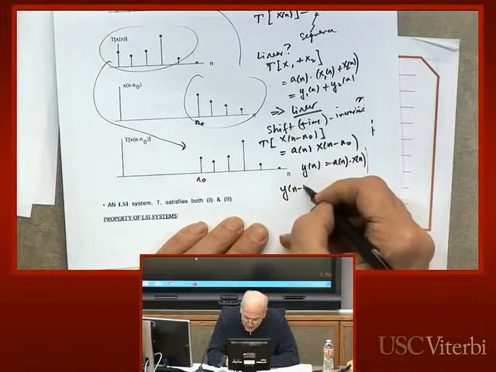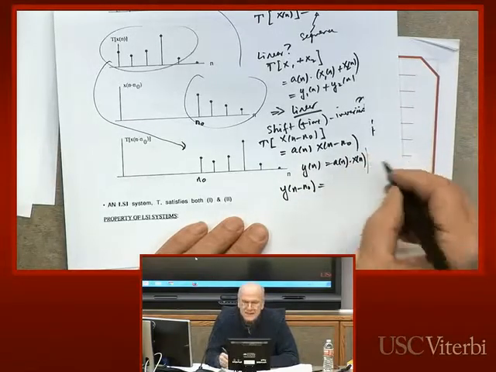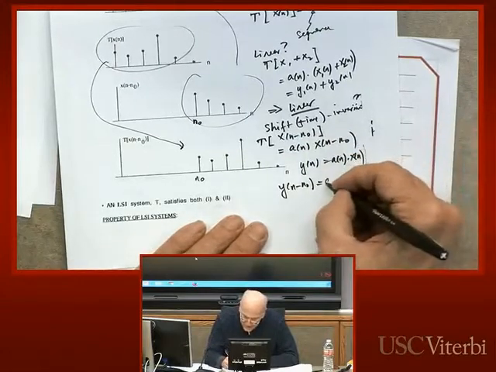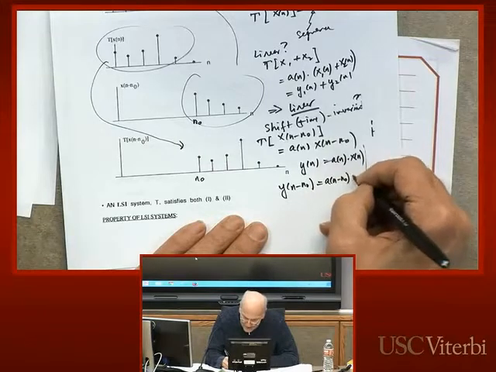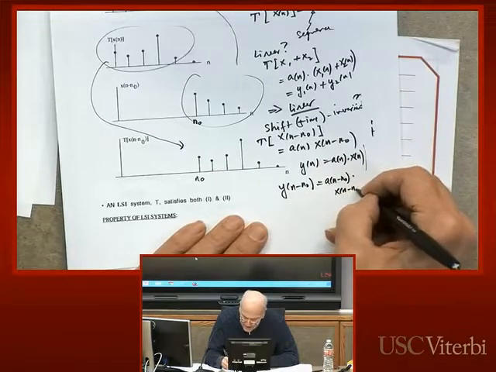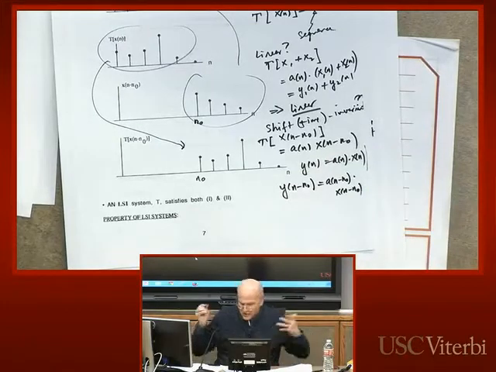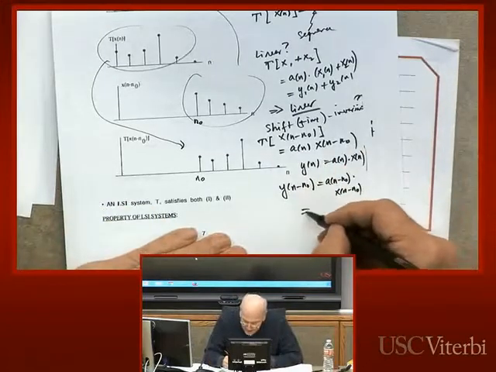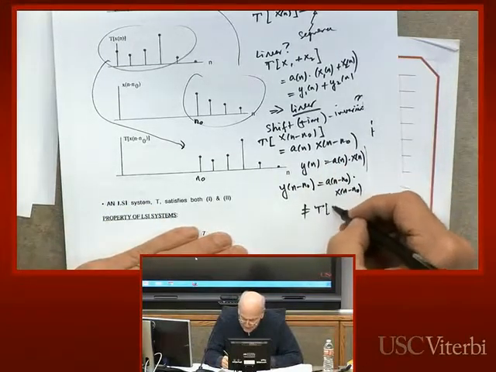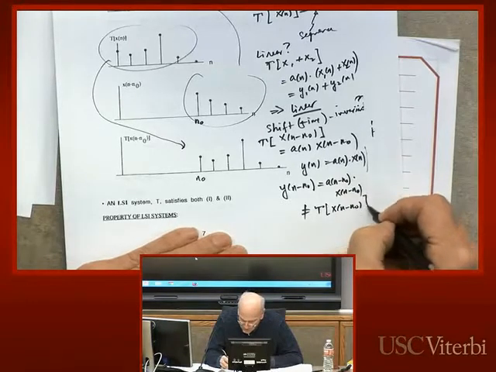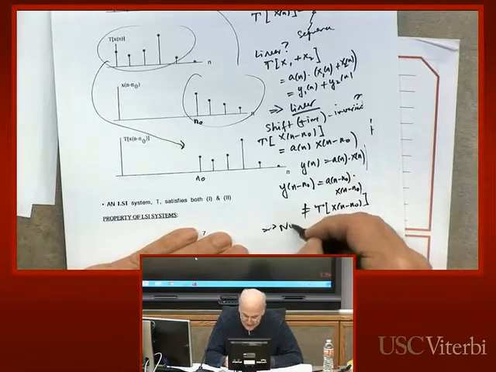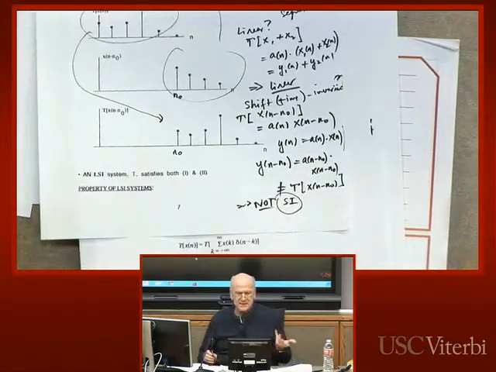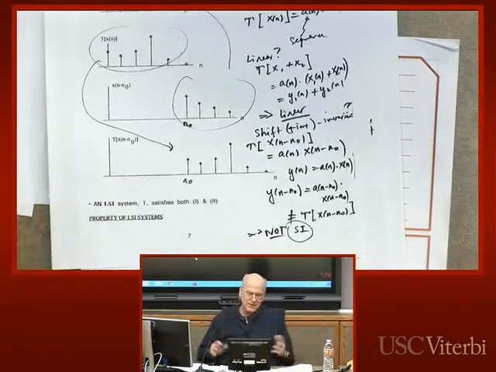Those should be the same if it's shift invariant. But you replace n with n minus n naught, and that's going to be a of n minus n naught times x of n minus n naught. So for general a of n, which varies with n, that is not equal to T of x of n minus n naught. Therefore, it's not shift invariant. So that's a simple example of a system which is linear but not shift invariant.